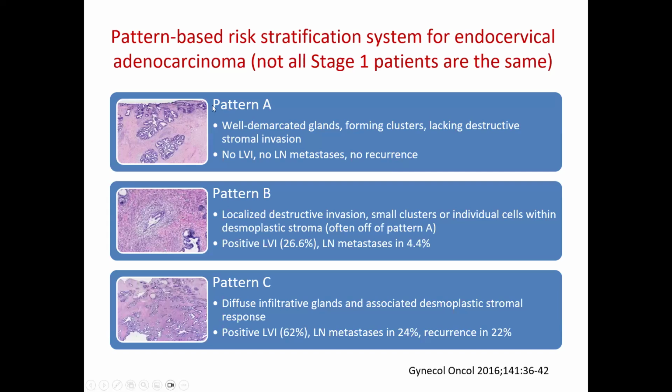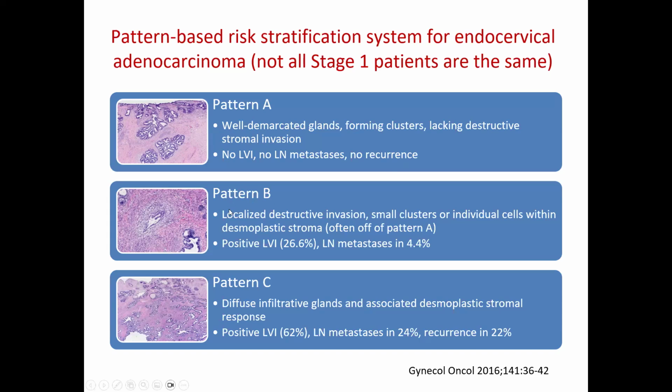In other words, you can diagnose this on a LEEP. If you call an adenocarcinoma on a LEEP pattern A, most likely this patient is not going to go for a radical hysterectomy with lymphadenectomy, maybe simple hysterectomy.